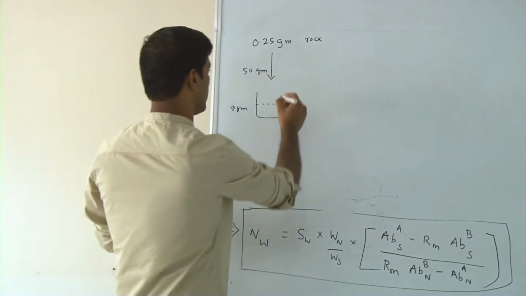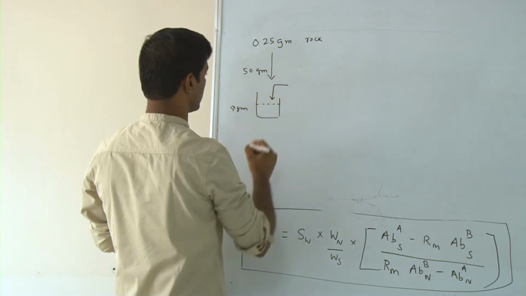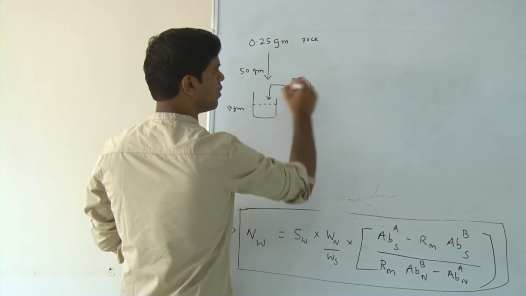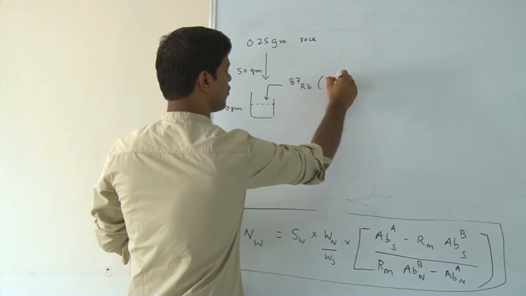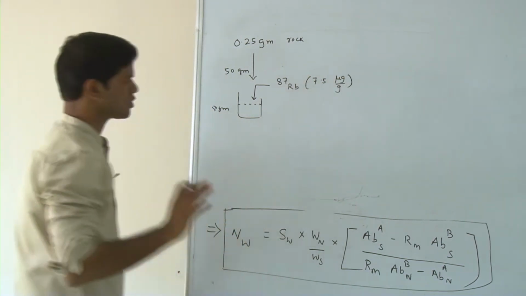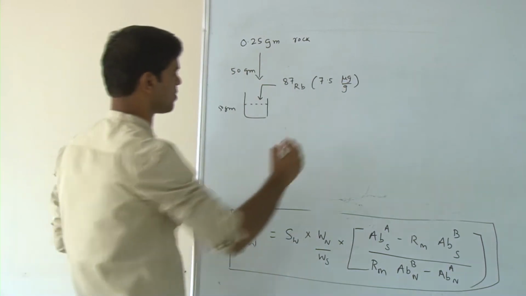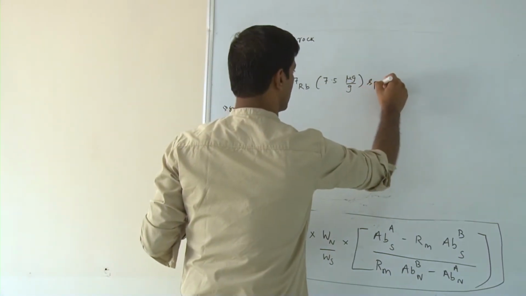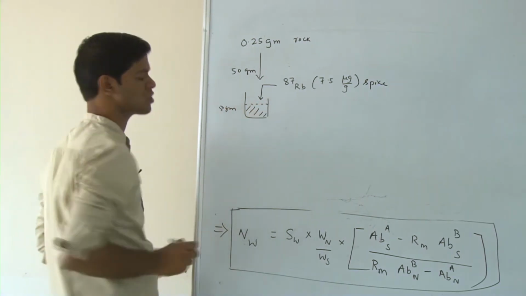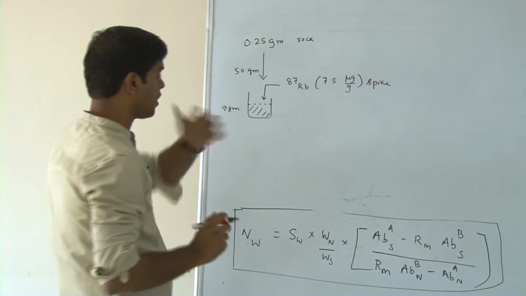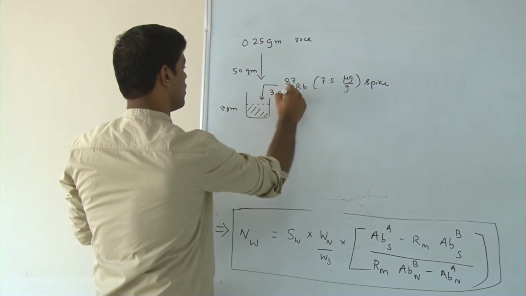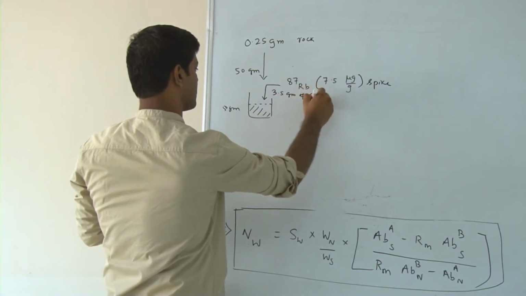To this you added a spike, we are talking about rubidium. This spike is enriched in 87 rubidium with a concentration of 7.5 microgram per gram, and you added it to this solution which contains 50 gram of the rock solution. Out of this, you just added 3.5 gram of spike.